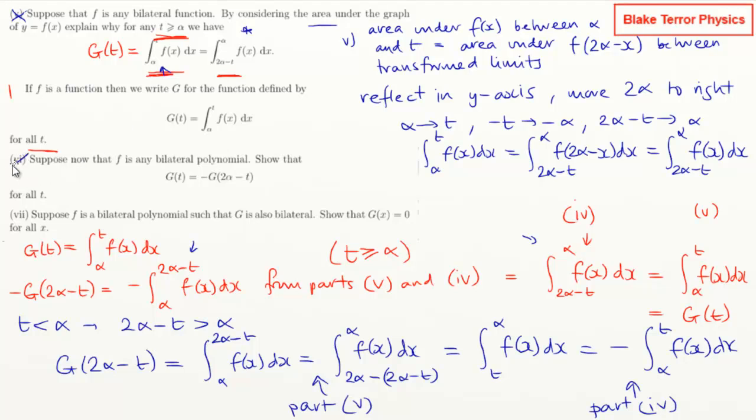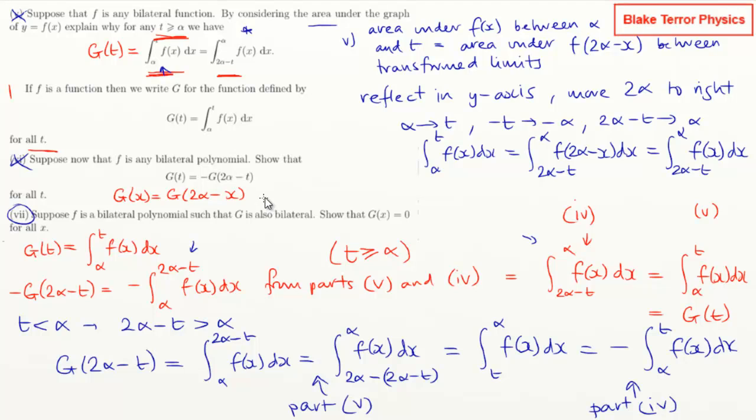So that's come out okay, but something of a mess, and it's filled up the sheet, and I've still got one part to go. Suppose f is a bilateral polynomial such that g is also bilateral. Show that g of x equals 0 for all x. Right, so if g is also bilateral, that means that g of x equals g of 2 alpha minus x.